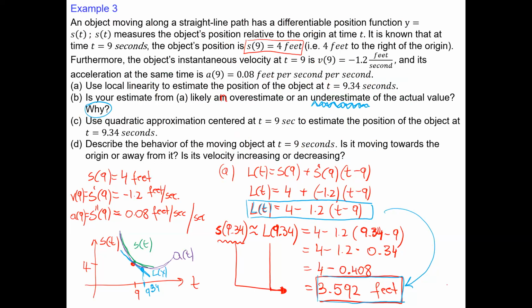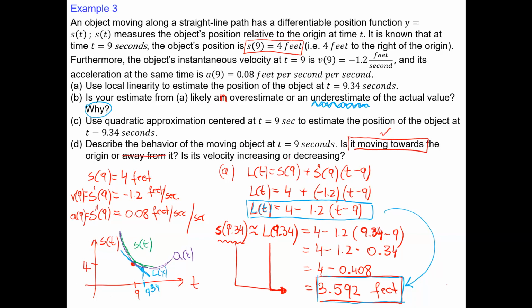Now, one more thing: describe the behavior of the moving object at 9. Is it moving towards the origin or away? We may see the velocity, the rate of change, at 4 feet is negative. That means it's not going away, it's not increasing the distance from the origin. It's moving towards the origin. This will be the answer: not away, it's moving towards.